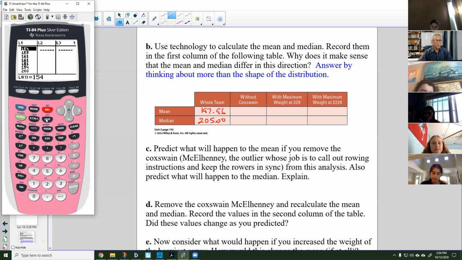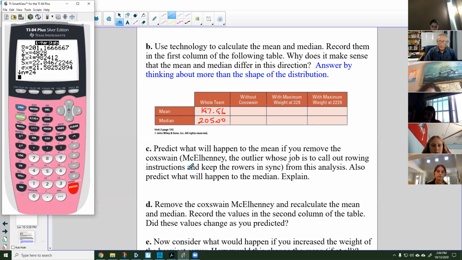So I'm going to go stat, calc, 1-variable statistics, and the data is still in list 1. So I'm going to go second 1, and I hit enter. And I find out that without the coxswain, the mean of my whole team has now increased to 201.17.